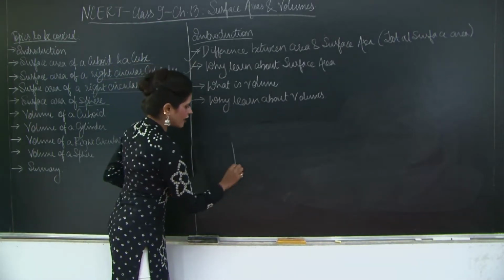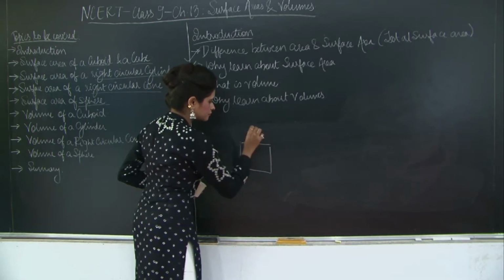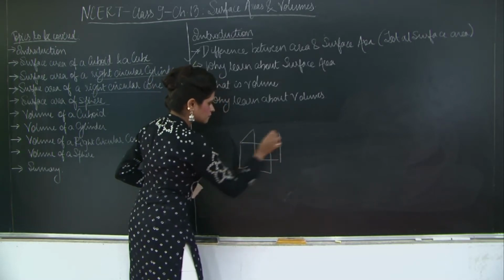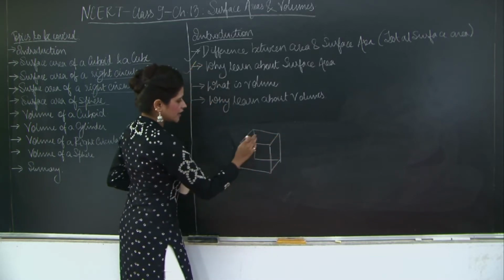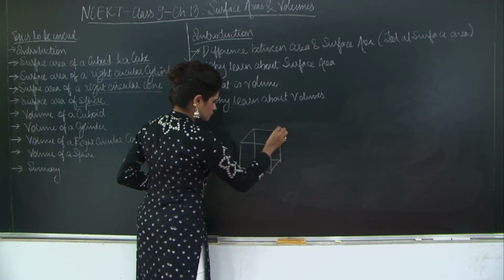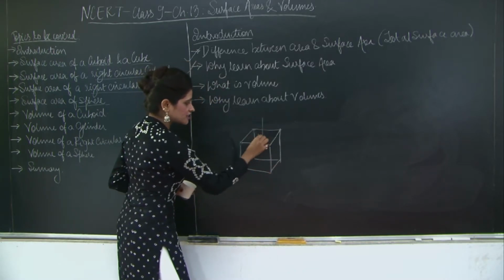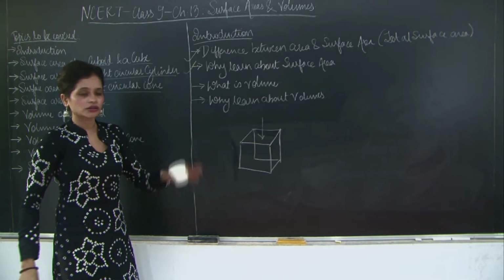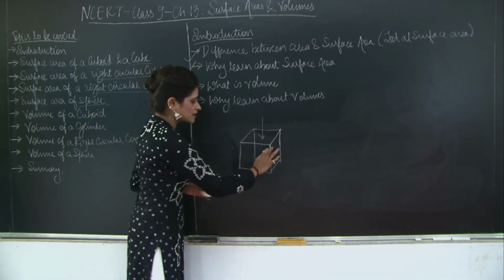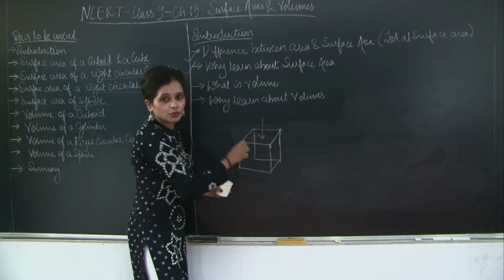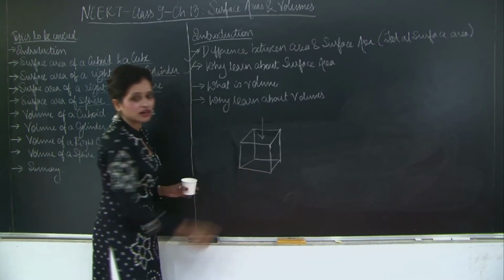So if I have a cuboid again, the amount of space that can be filled inside this cuboid, amount of water or air or gas that can be filled into this entire inside region within the boundaries of these walls and the base is known as the volume.